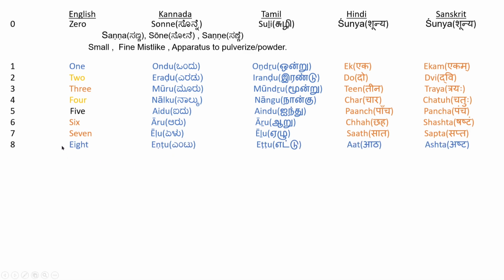So this is one surprising word for 8 across English, Tamil, Kannada, Hindi and Sanskrit, they have a very similar sounding word. It's eight in English, entu in Kannada, ettu in Tamil, aath in Hindi, and ashta in Sanskrit.